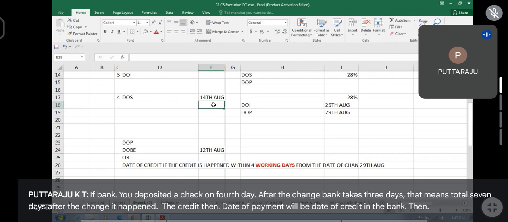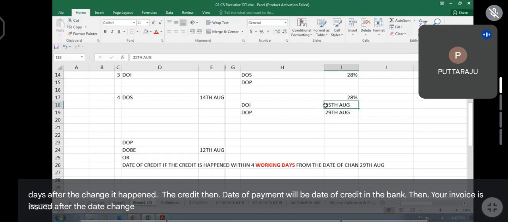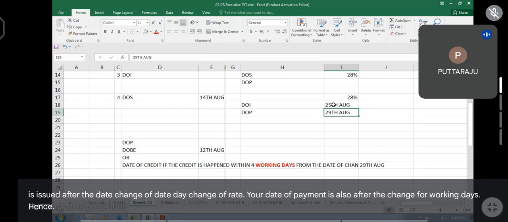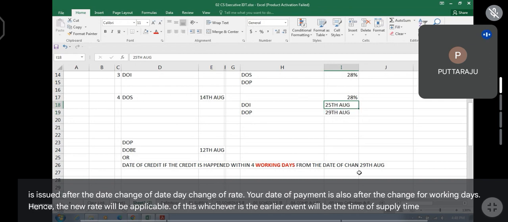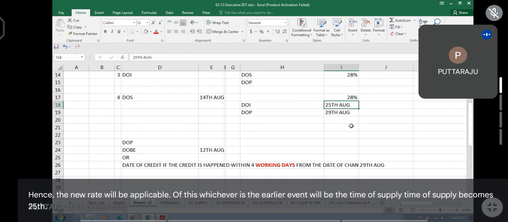Then your invoice is issued after the change of rate, and your date of payment is also after the change by 4 working days. Hence, the new rate will be applicable. Of this, whichever is the earlier event will be the time of supply. Time of supply becomes 25th August. New rate will be applicable.